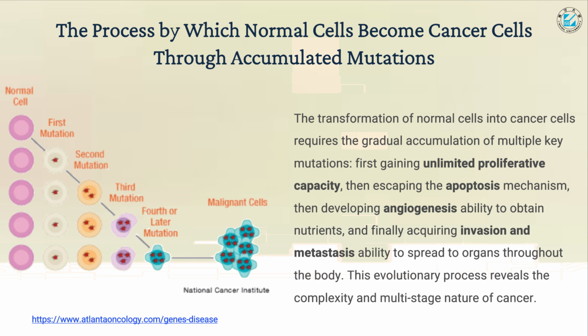This is why cancer is both a genetic disease and an evolutionary disease at the cellular level. Understanding this process helps explain why cancer treatment often requires combination therapy and why early detection is critical.